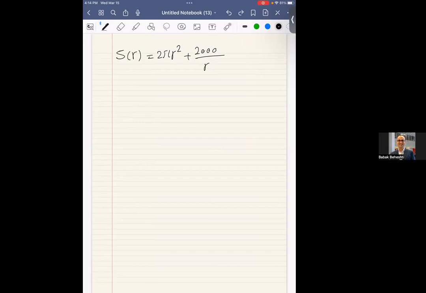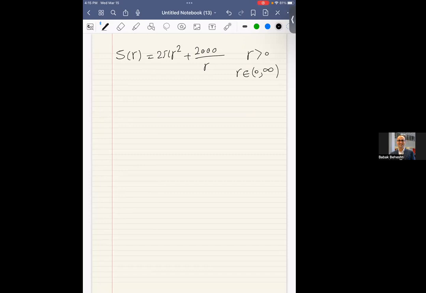So that is the quantity that we want to minimize. You see, I can write it as a function of R. What is the domain of R? R must be positive, right? So R is between 0 and infinity.